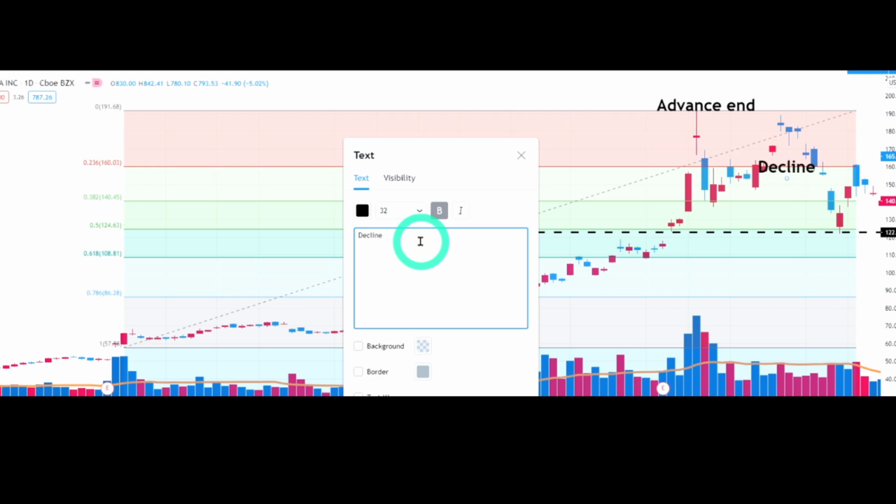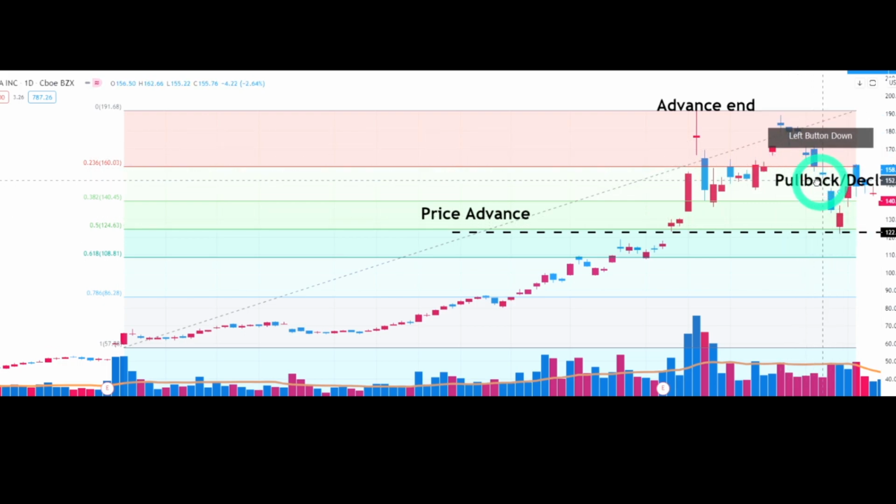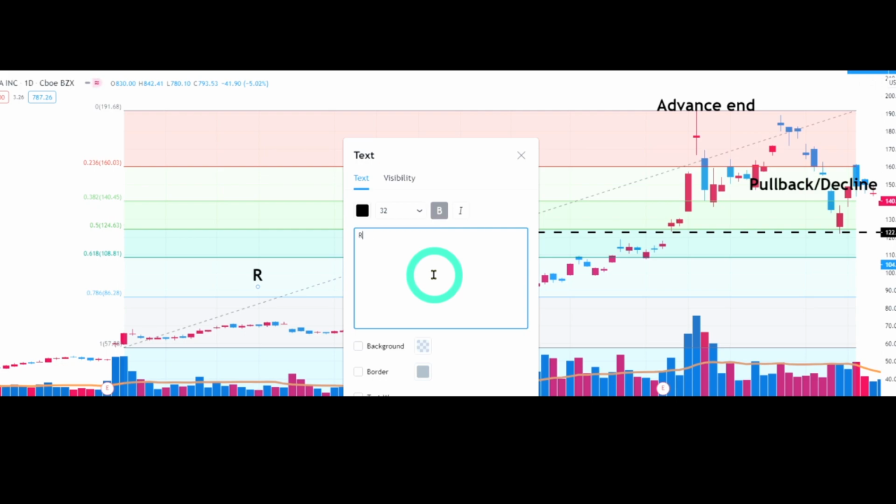For instance, a stock goes from $5 to $10 and afterward back to $7.50. The move from $10 to $7.50 is a retracement. If the price begins rallying again and goes to $16, that is an extension.